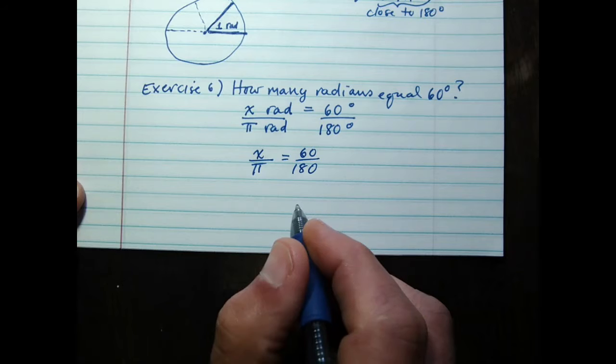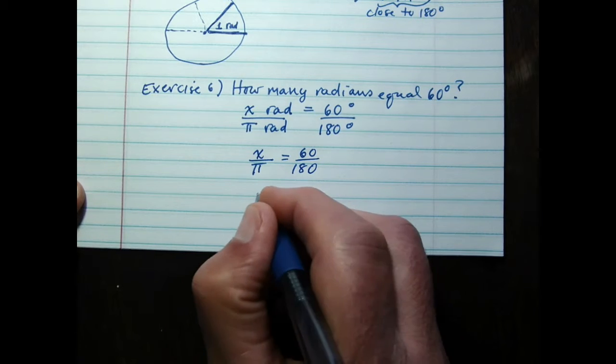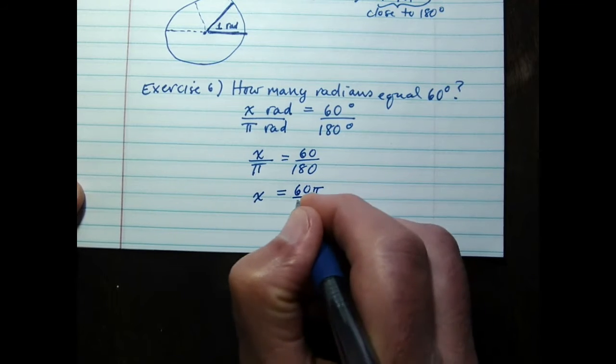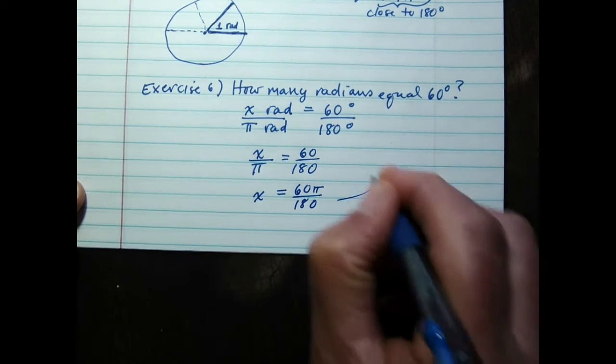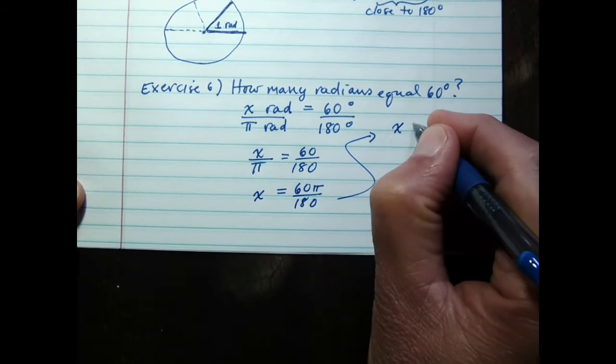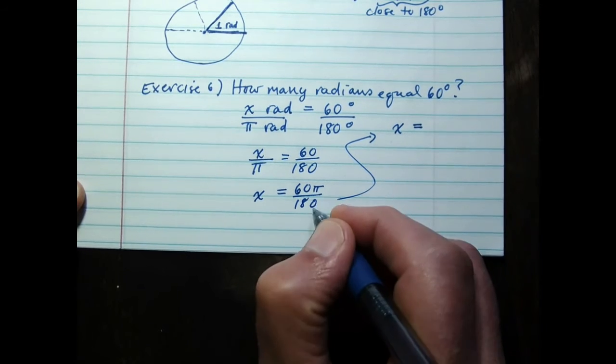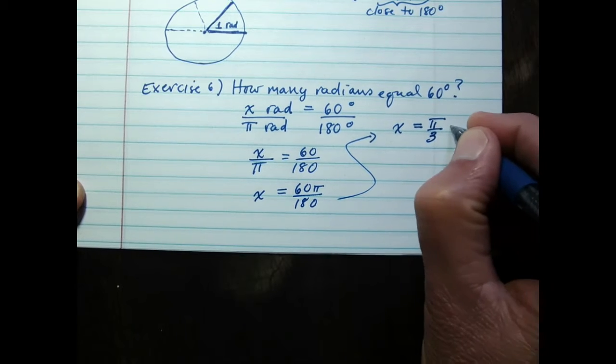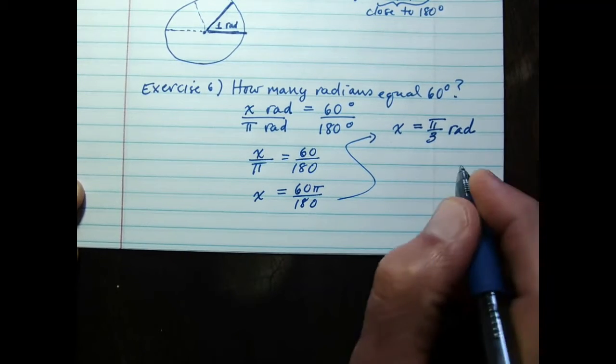Here I can multiply both sides by pi. I'm going to get x equals 60 pi over 180 when I solve. And I can reduce that fraction because 60 goes into 180 3 times. That's just going to reduce to pi over 3 radians.